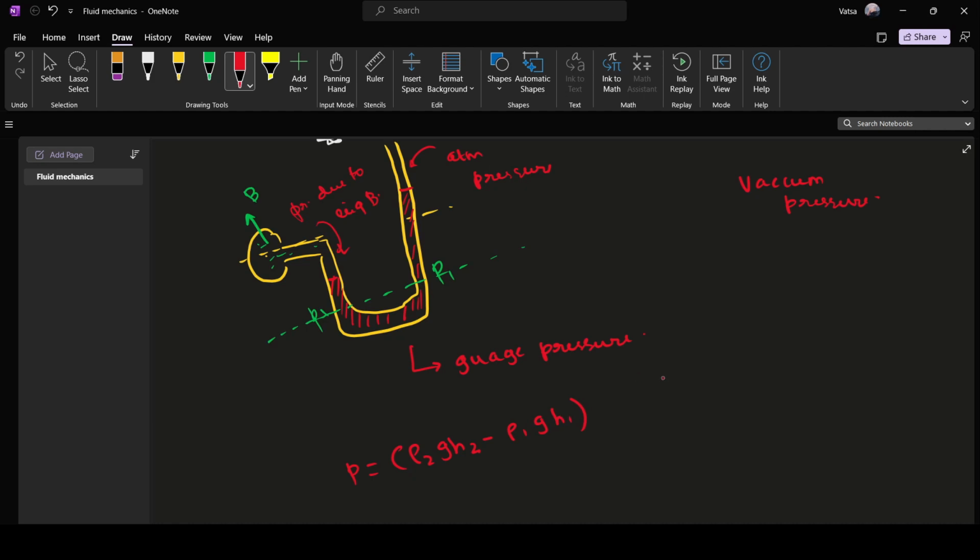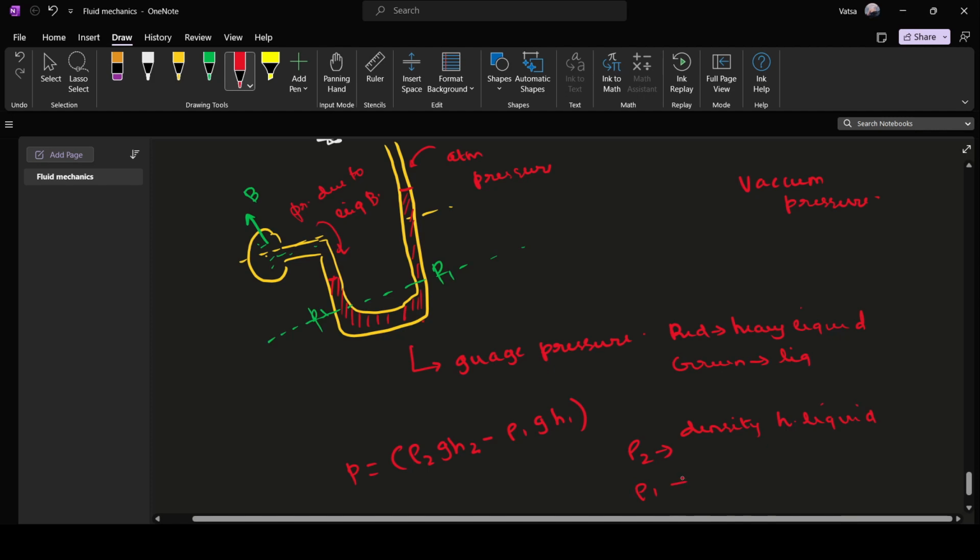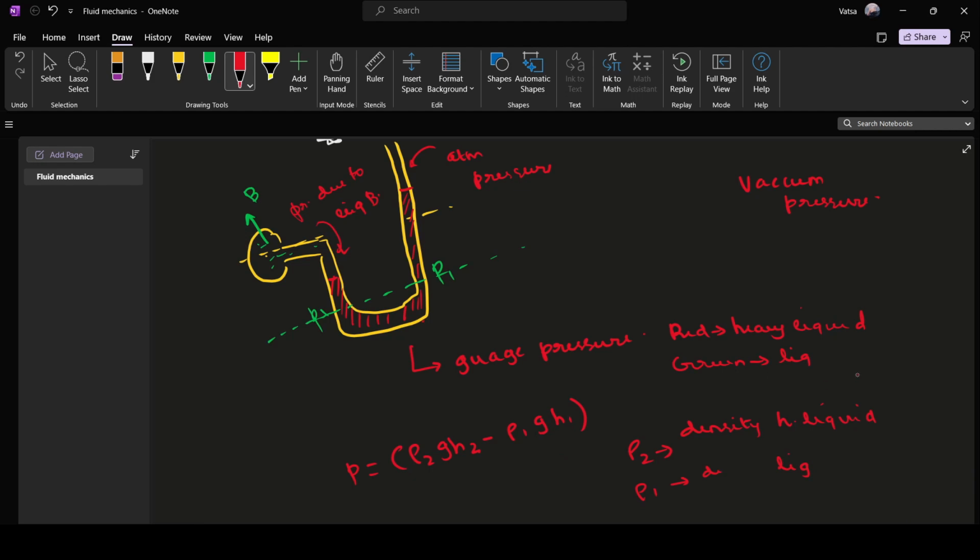So what are these rho 2, rho 1? Assuming that this red color is the heavy liquid and green color is the light liquid, rho 2 is the density of the heavier liquid, while rho 1 is the density of the lighter liquid. g is the same, and H1 and H2 are the heights.